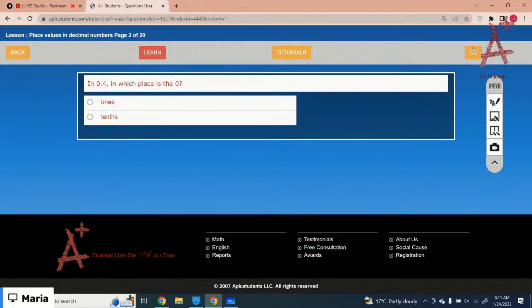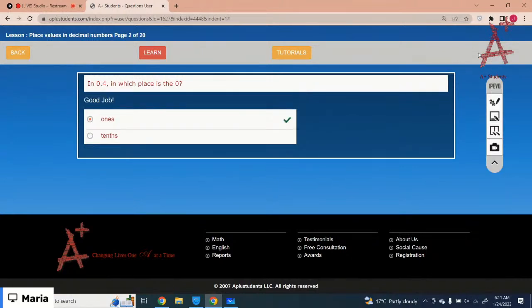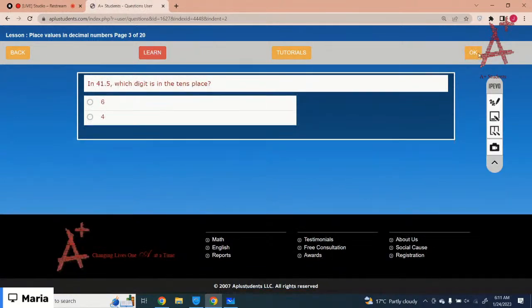So 0 is at the ones place. Okay, the next one is in 41.5, which digit is at the tens place? So which is at the tens place?